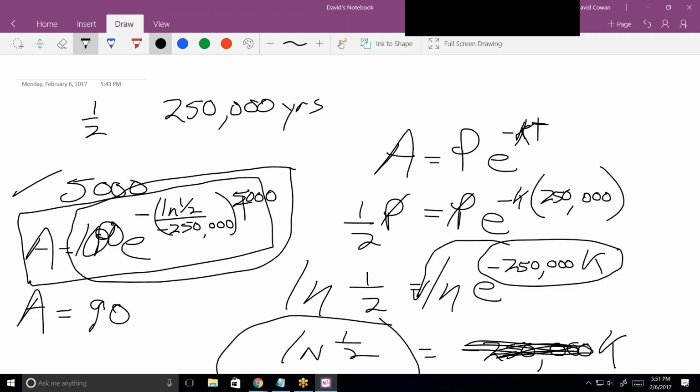Did they ask what percentage was lost? No, it's what will remain. Then 90% would be the answer, if A came out to be 90. I don't know what it's going to come out to be.